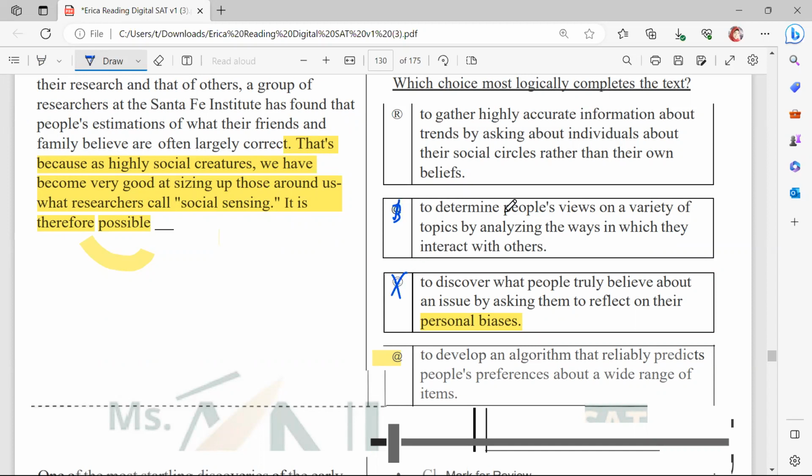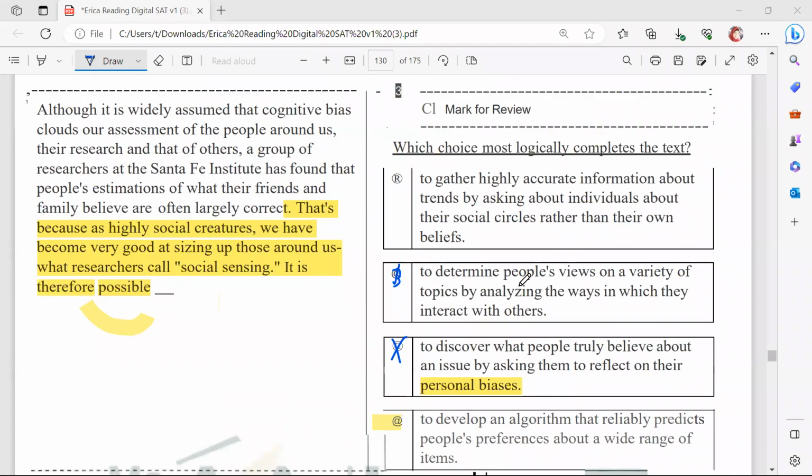To determine people's views on a variety of topics by analyzing the ways in which they interact with others. Did I talk about interaction with others?